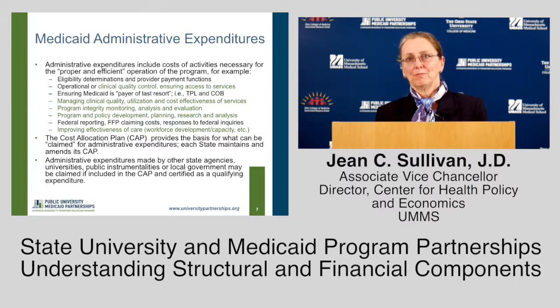Program integrity, monitoring and analyzing the outcomes of programs, evaluating new initiatives. Program and policy development is an ongoing activity for all state Medicaid agencies, and universities' ability to do research and rigorous analysis is always an area ripe for development.